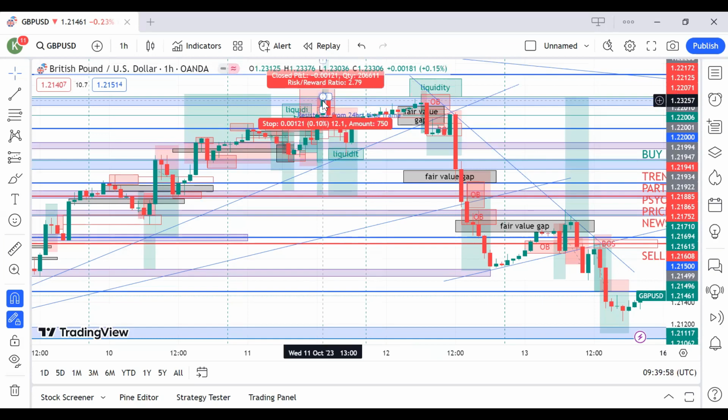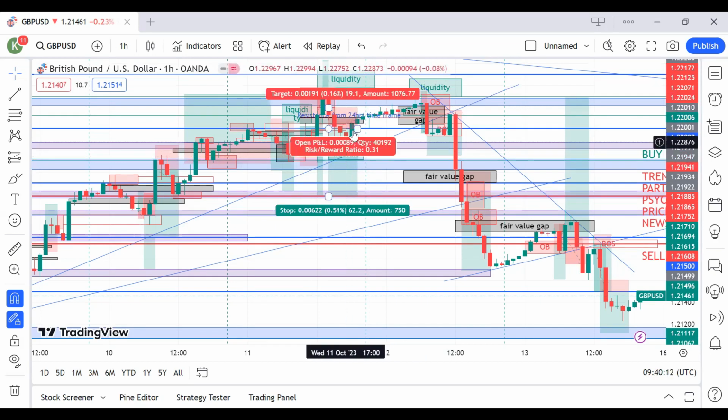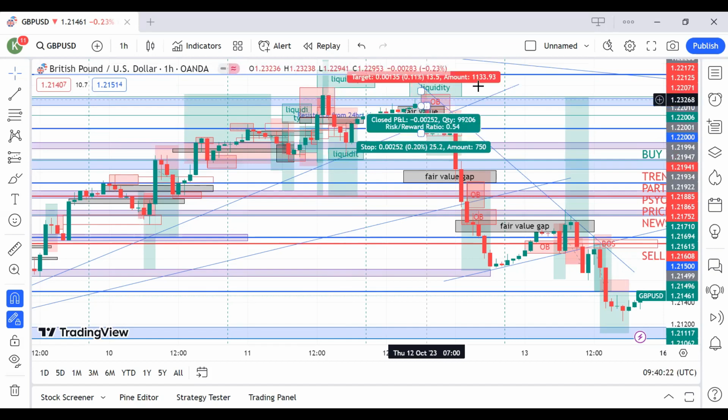When price gave a reversal from this second liquidity, this is an inner liquidity, this is an outside liquidity. From this inner liquidity, there was a retracement. But when price eventually got back to this OB, it gave a rejection again. This should be your confirmed entry.